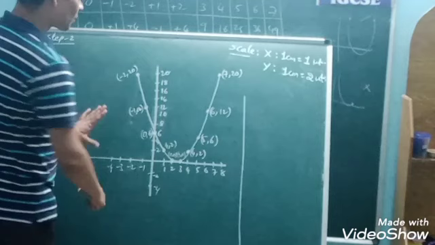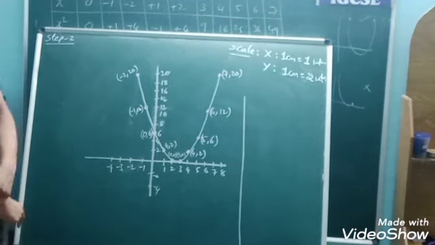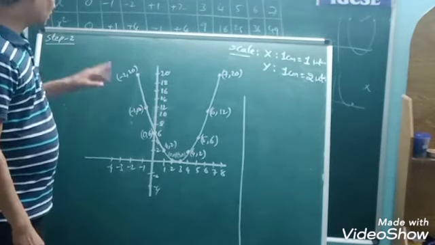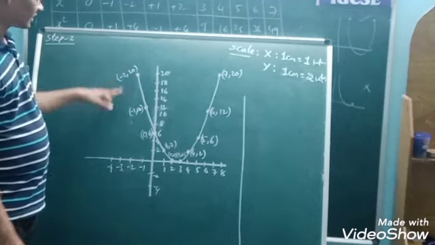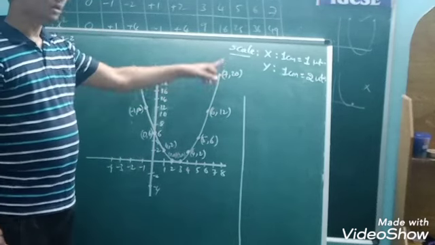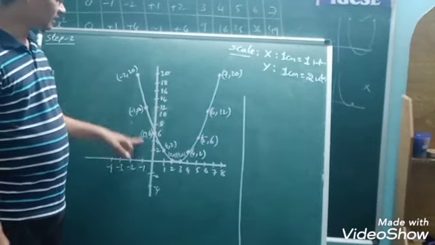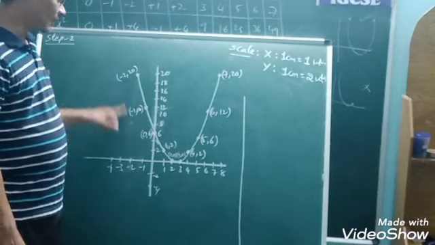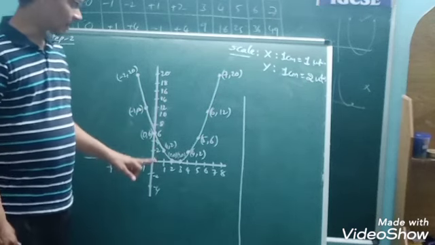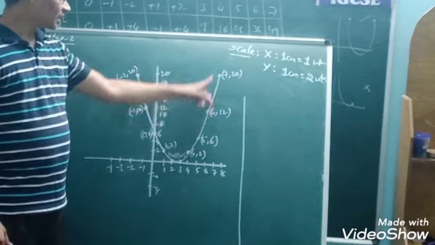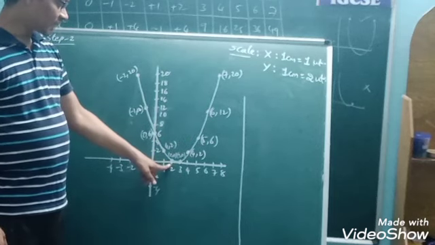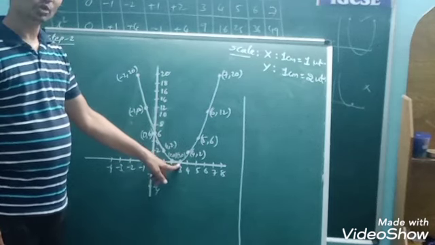Here is the graph for the above coordinates we have drawn. See, the x and y coordinates I have drawn on the coordinate axis, so I have got a graph like this. If you observe the graph here, the graph is touching the x-axis at 2 and 3.